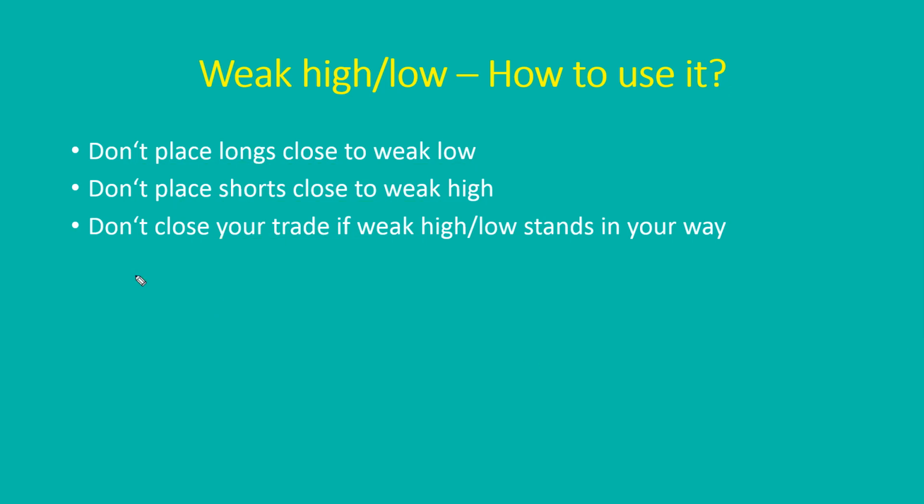The same thing goes if you are in a downtrend, you are in a short position, and then there is a weak low, then there is really no reason to quit your position, because most likely the price will continue downwards to test the weak low.